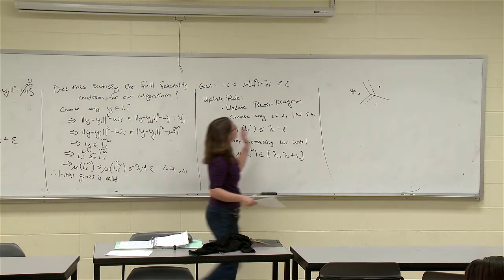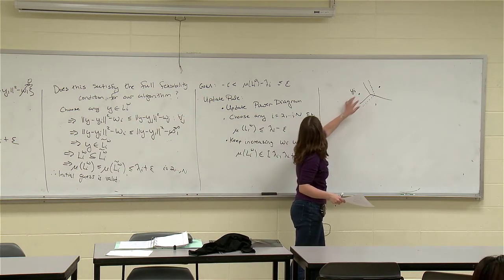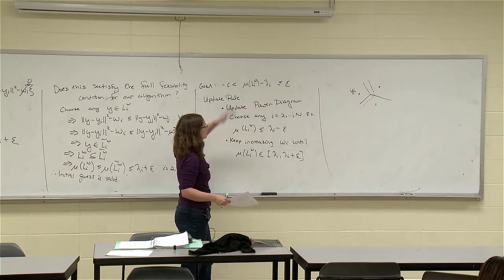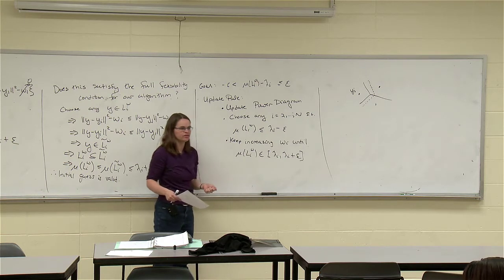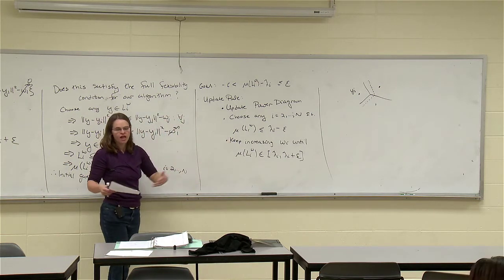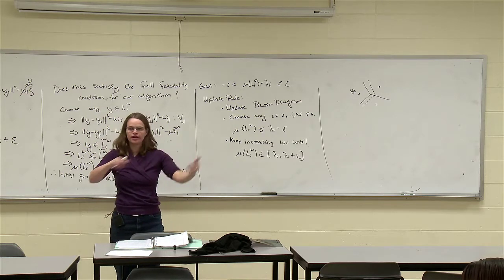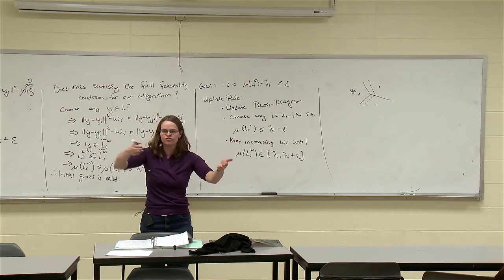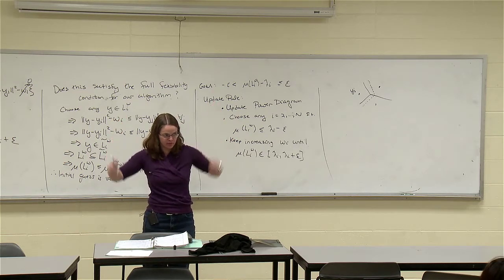So now this side has an acceptable level of mass, but some other ones may not. So we go through and find one that doesn't have an acceptable level of mass. We increase its weight until we get it up to an acceptable level. And we keep going through, bouncing through our diagram and saying, you're too small, I lift your weight. You're too small, I lift your weight. The weights are always, always increasing.